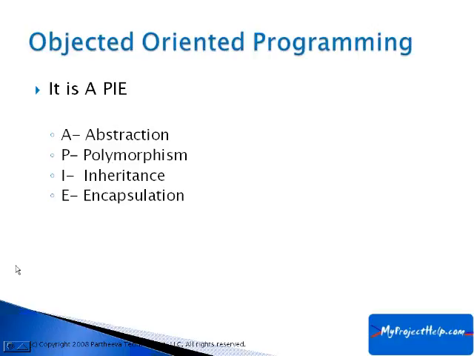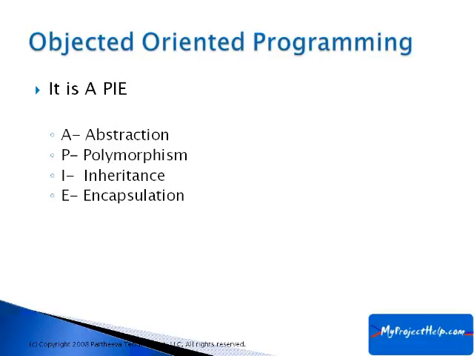The next feature of Java we have seen is that it supports OOP concepts, which are object-oriented programming. So what are the OOP concepts? In any interview, if they ask you what the OOP concepts are, it's a very easy thing to remember. It's a PIE. You can say it's a piece of cake.